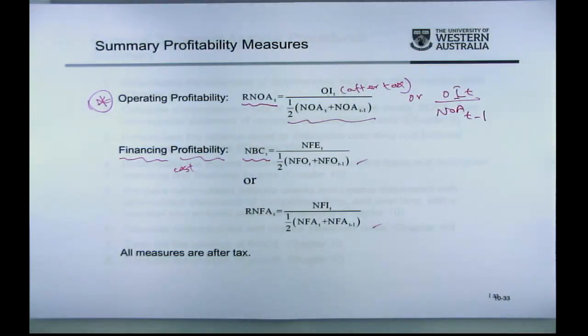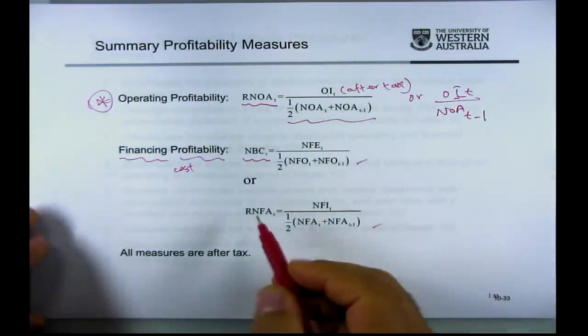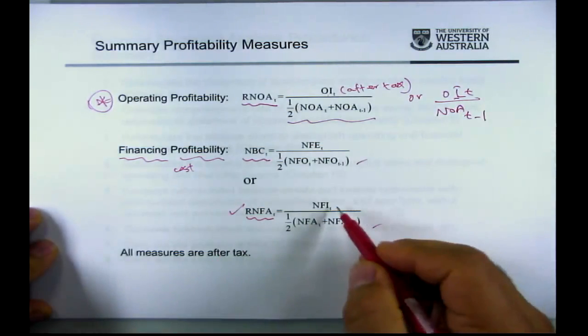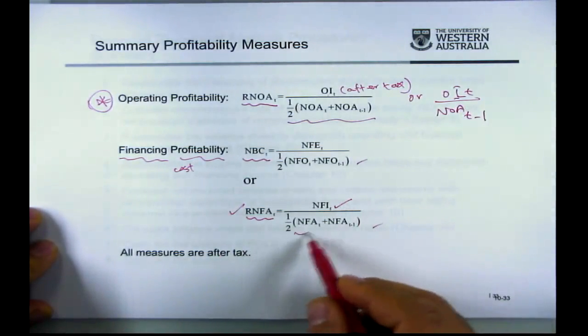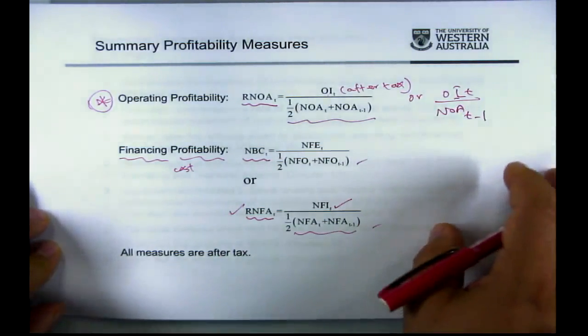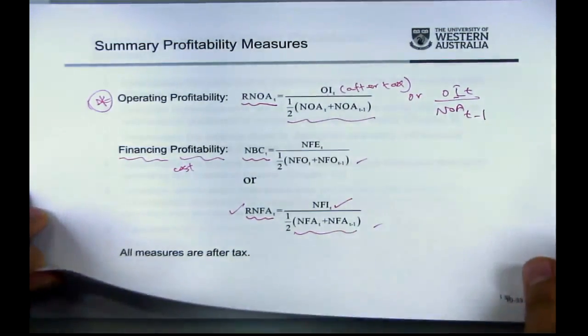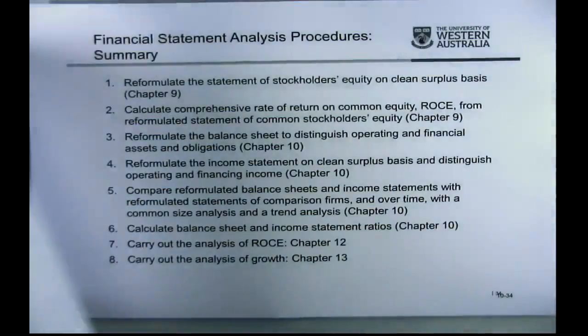It depends, as I've said before, whether we have an addition or not. There is also the return on net financial assets, and that is equal to net financial income divided by the average net financial assets. Very intuitive ratios.